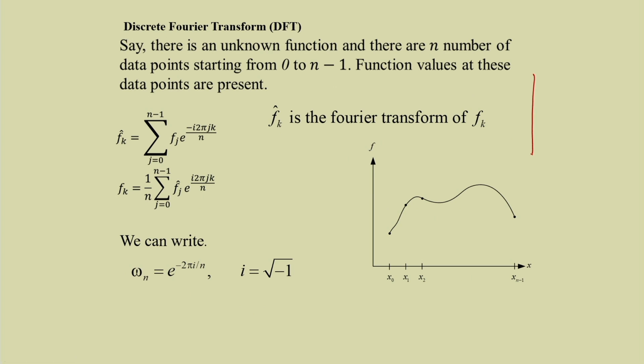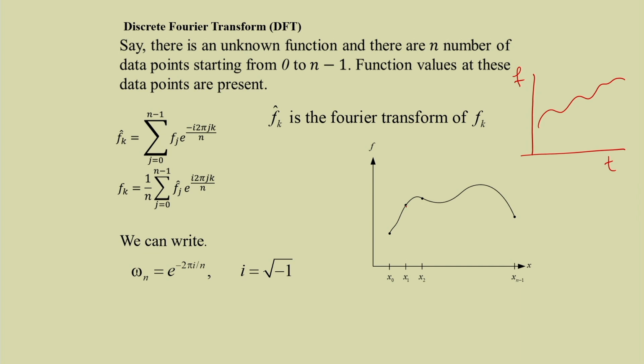Already you know, for example, let you have a function f with time. If you plot this, for a continuous function you have a continuous curve. But sometimes when we are doing experiments, instead of this continuous time data, we sample the time data at discrete intervals of time. In that case, instead of getting a continuous curve, we are having discrete points.